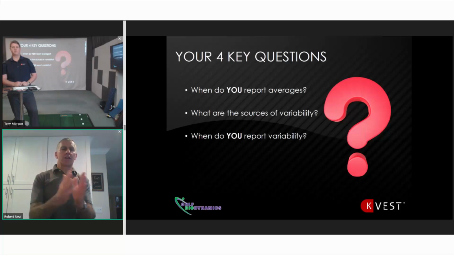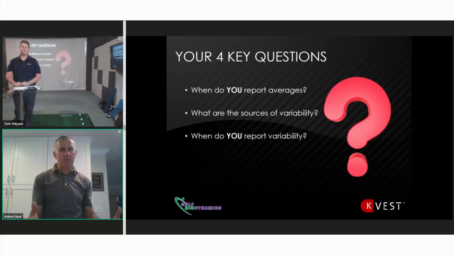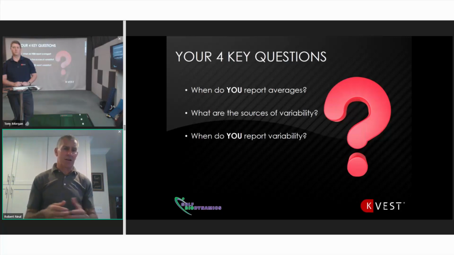When you're dealing with perhaps your club golfers, you've got to know what's realistic for them as well. So if a tour player is plus or minus a degree, don't expect your club golfer to be in that ballpark. Maybe plus or minus 3 degrees is reasonable for that person because they're only playing golf once a week.